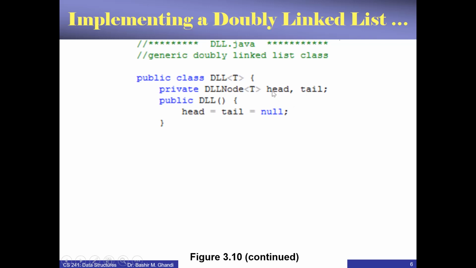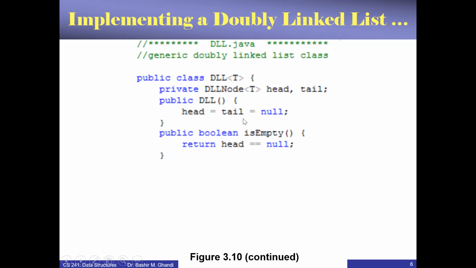The idea is exactly the same. We want head to reference the first node in the list, and tail to reference the last node in the list. The constructor of the class simply initializes both head and tail to null. There is nothing more to explain. It's exactly as we did with singly linked list. The only difference here is we are using a different name. This is DLL, and the node is DLL node.